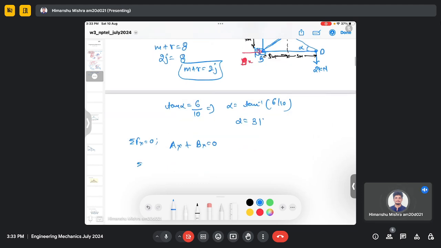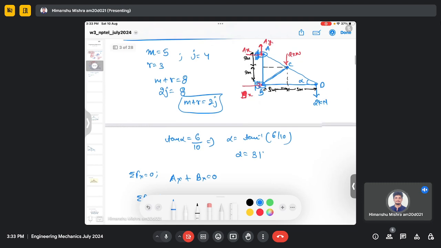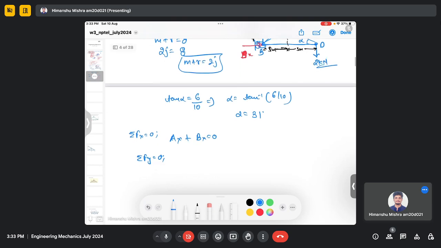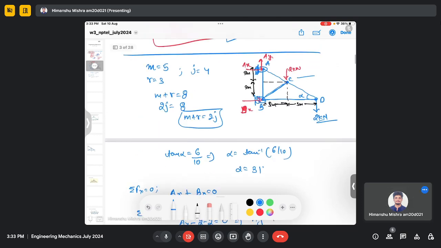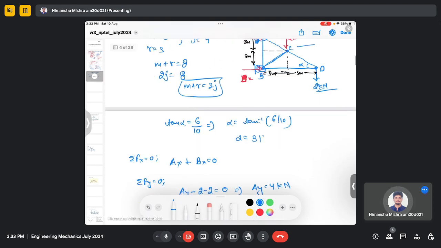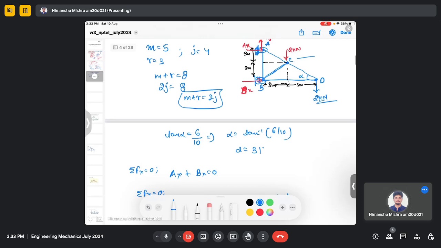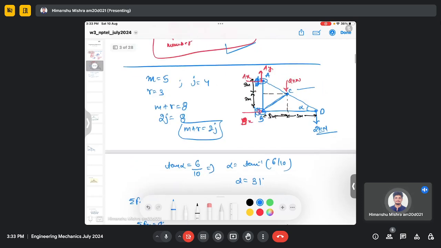Then we do the summation of forces in the y direction, and we will have AY and 2 kilonewton here and 2 kilonewton here, so AY equals 4 kilonewton. Then the unknowns are BX and AX, so we need one more equation, and we will use the moment equation at point A.